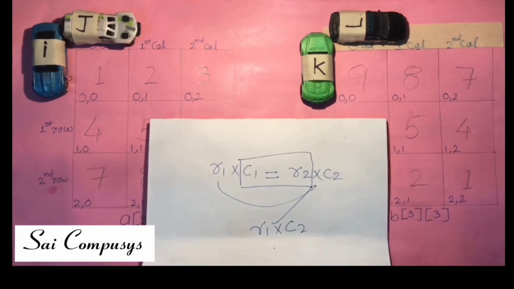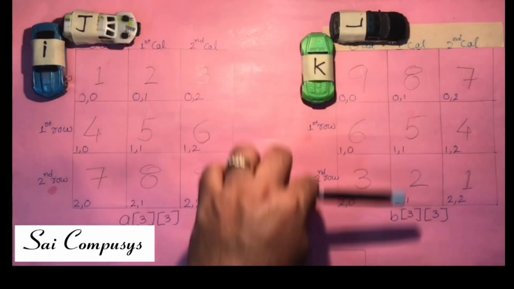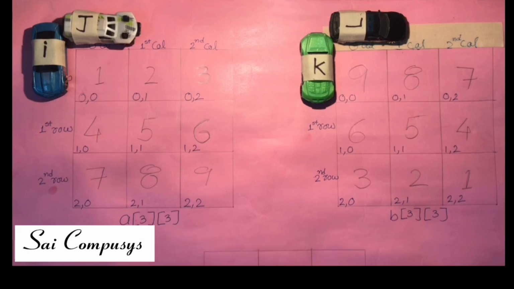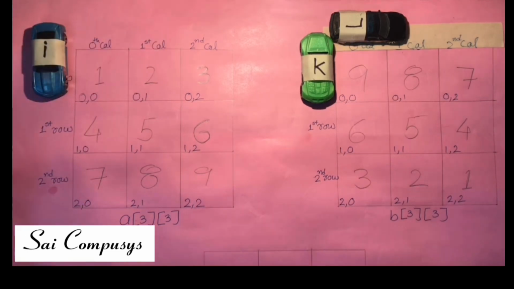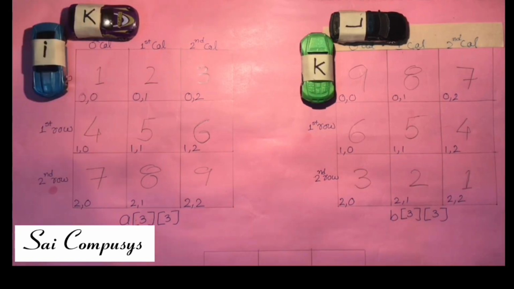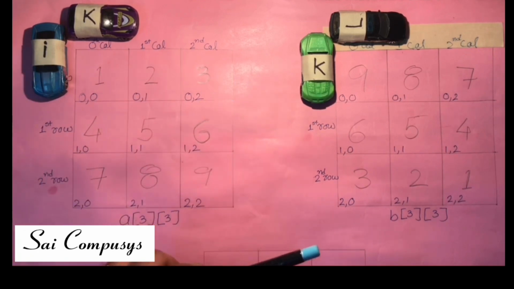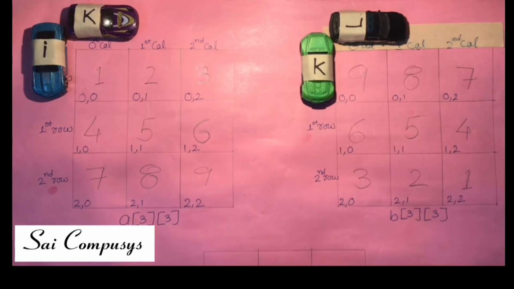Now because C1 and R2 are same, we can do one thing in this logic. We can have a common variable to do this. Can you understand what I have done? For C1, that is varying the columns of first matrix, and R2, that is varying the rows of second matrix, I have considered a common variable called k.